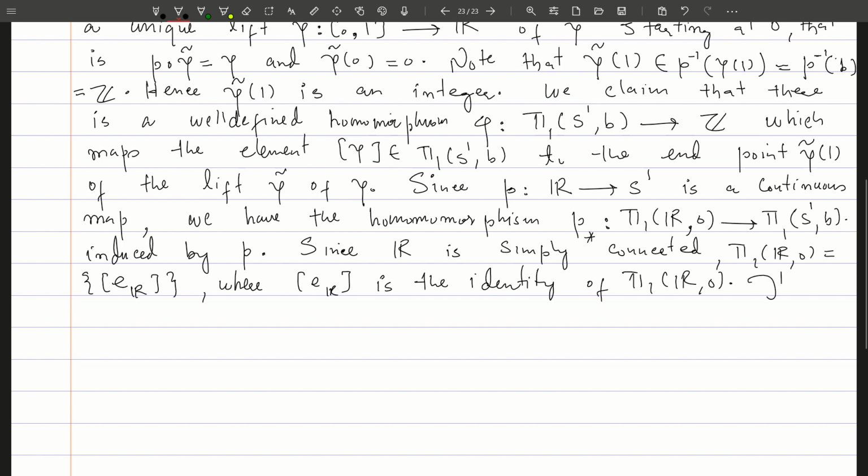Therefore, if we look at the P star image of this group, we are looking at the image of its identity element.